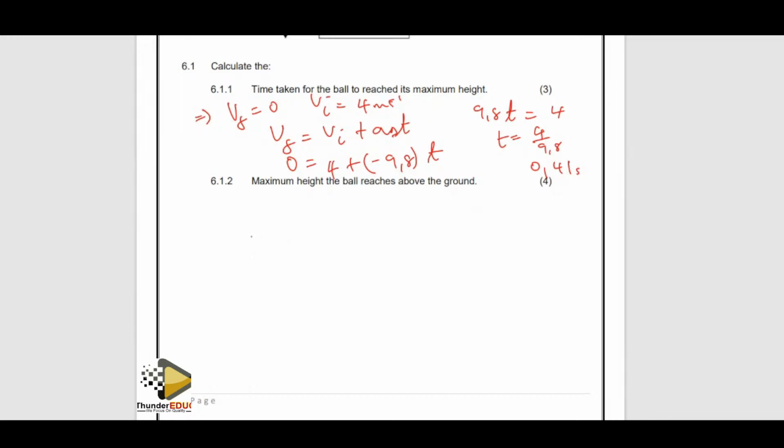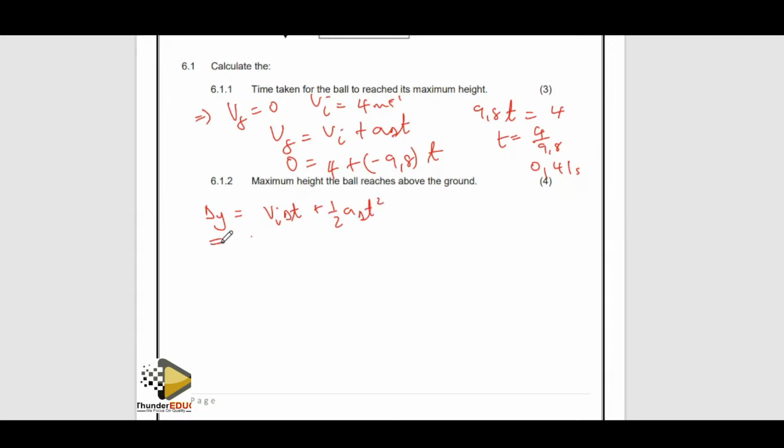I can use delta y is equal to Vi delta t plus a half a delta t squared.